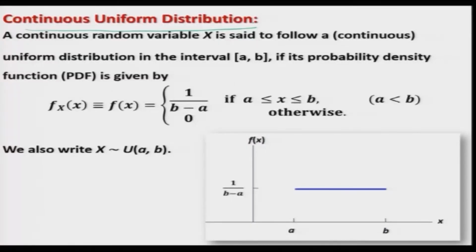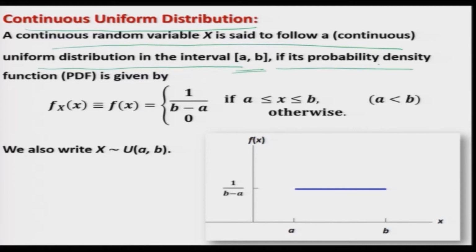Okay, so let us see how we define the continuous uniform distribution. A continuous random variable x is said to follow a continuous uniform distribution in the closed interval a to b, if its probability density function, abbreviated as PDF, is given by f(x) equal to 1 upon b minus a if x lies between a and b inclusive, because we have a closed interval here, and it takes value 0 at all other points.